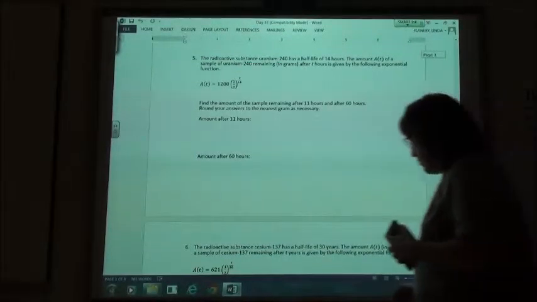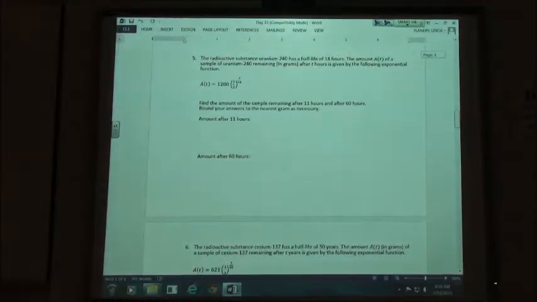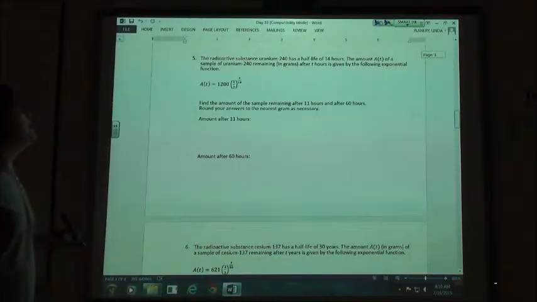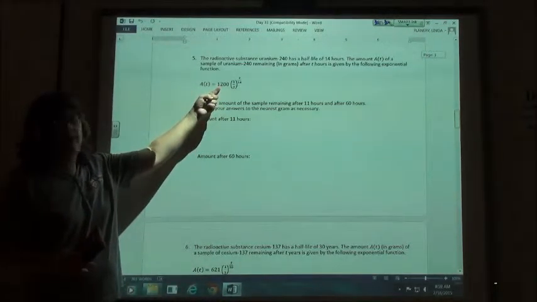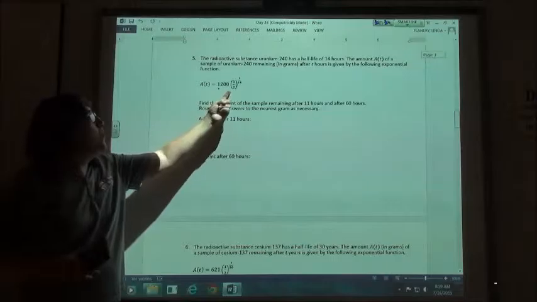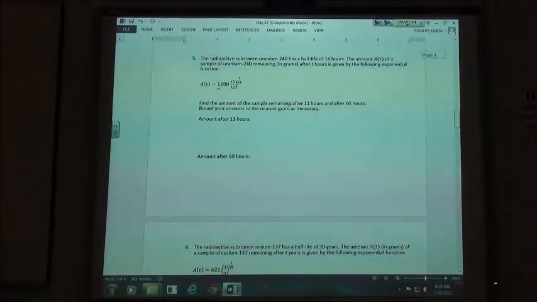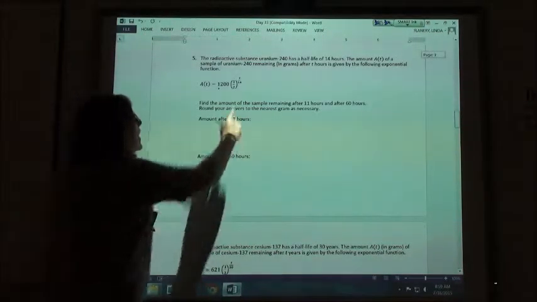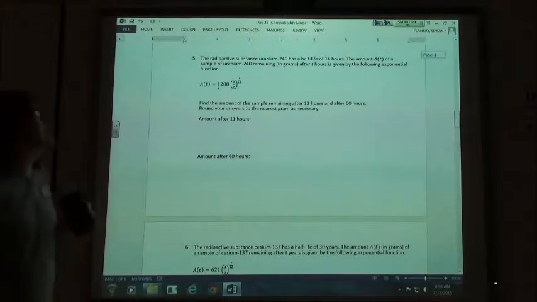The next one, it says a radioactive substance, uranium-240, has a half-life of 14 hours. The amount A of my sample of uranium-240 remaining in grams after T hours is given by the following exponential function. So here they're saying we started with 1,200 grams, we're doing the half-life, and then we have to do T over 14. On these ones on your calculator, because we have to follow the order of operations, you need to put an extra set of parentheses around your other fraction that you have as an exponent.